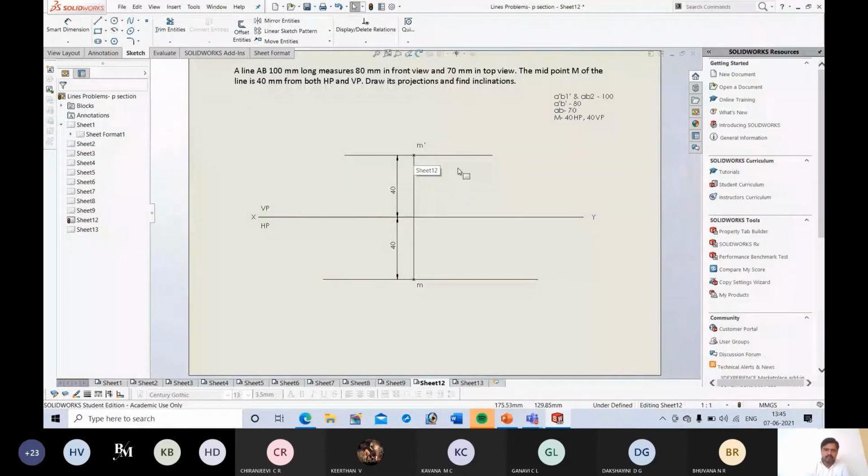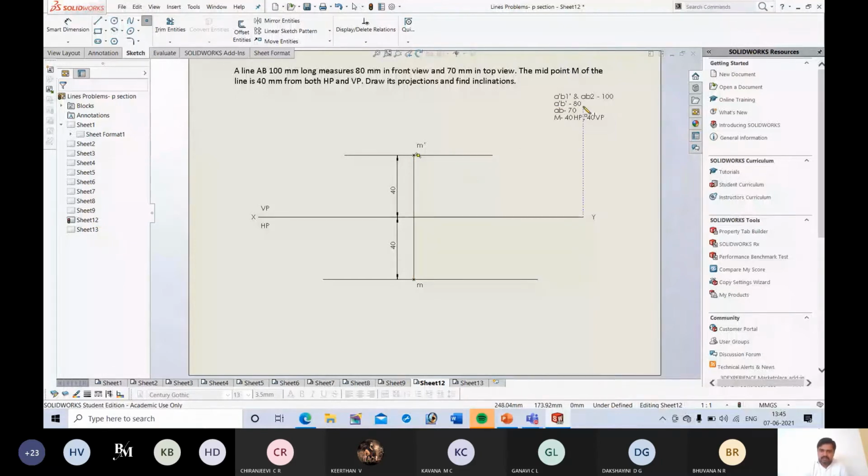Now I will consider M to B. Since I don't know the inclination, I will mark the view length on the locus. We did the same thing for the second problem of inclined to both the planes, so the data will be in a similar manner.